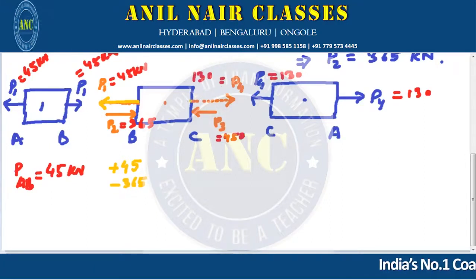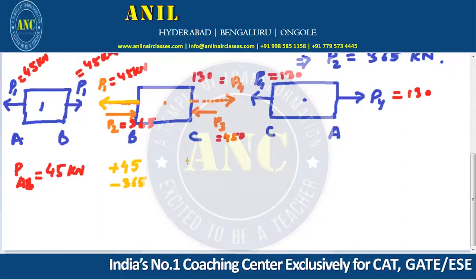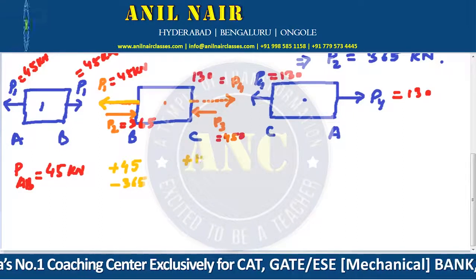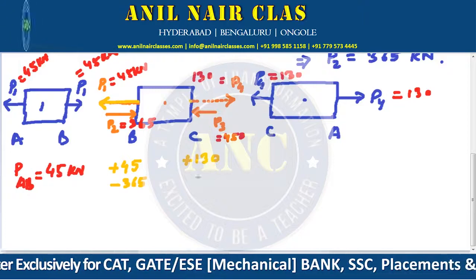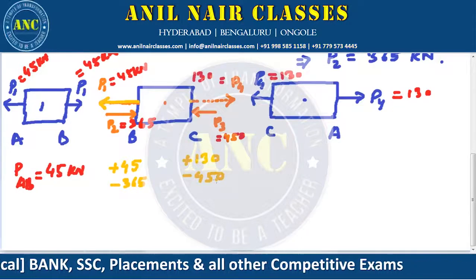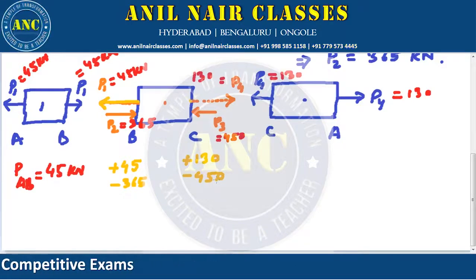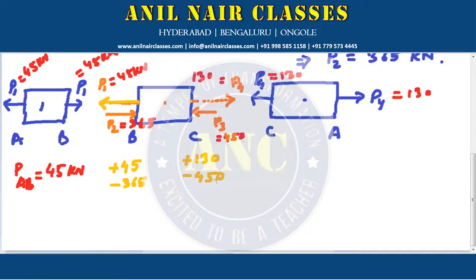Similarly here, in this case on the right hand side, if you see, 130 is going outwards, so it will be 130, whereas 450 is getting inside, that is minus 450. Now take out your calci and calculate and say what is the value you are getting for this.